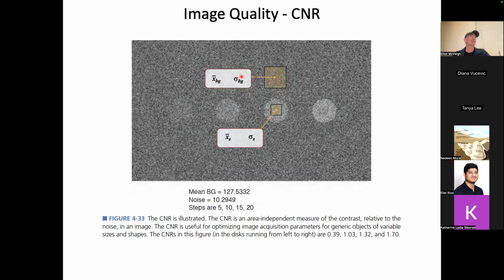But I also have to ensure that there isn't some feature or change in signal that's going to affect my estimate of the mean and the standard deviation. It should be in a region that is constant, right? Sometimes in a medical image, that's hard to find. You look around, it's like, what am I going to use as a region of interest to calculate the sigma? So you really want to find something that is constant.